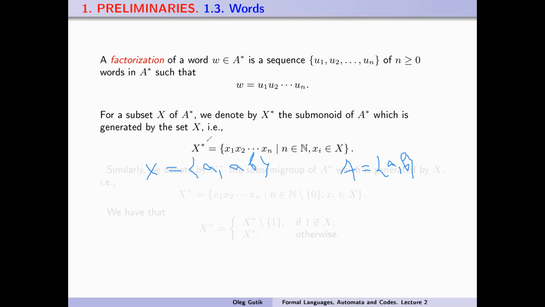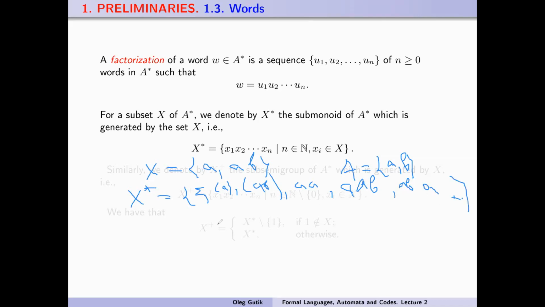Then X star consists of the empty word, these two words A and B, then AA, BB, AB, BA, and so on.